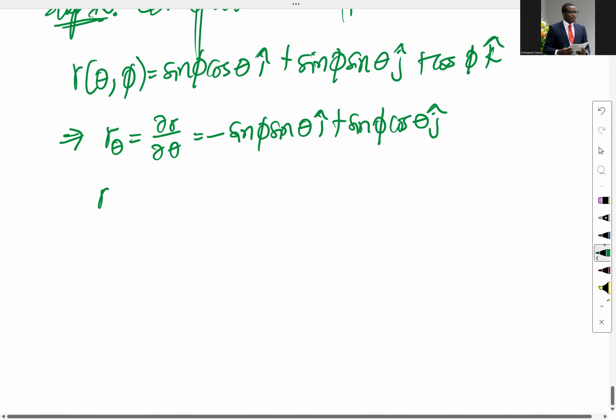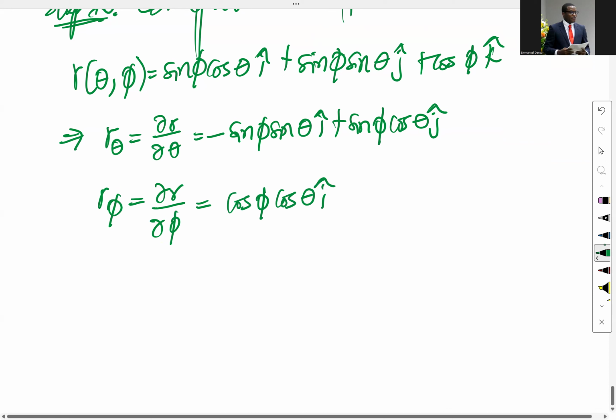Then we also have r phi. Now we're differentiating with respect to phi. Partial r, partial phi is equal to: differentiate sine phi with respect to phi, you get cos phi cos theta i.